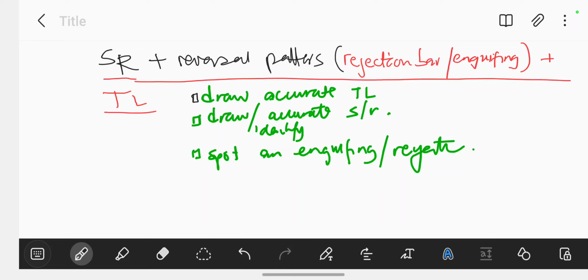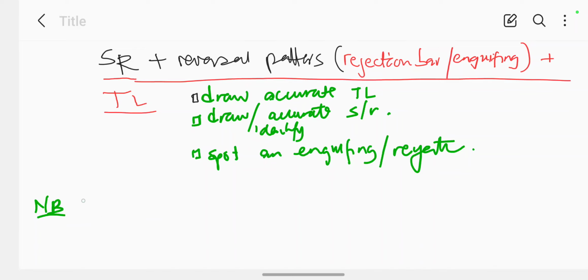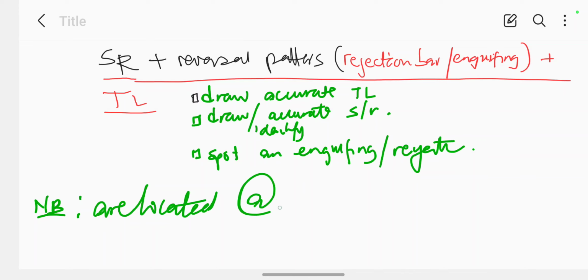So right now we only recognize them, this is very important, we only recognize them when they are located at significant levels. So what do I mean by that?